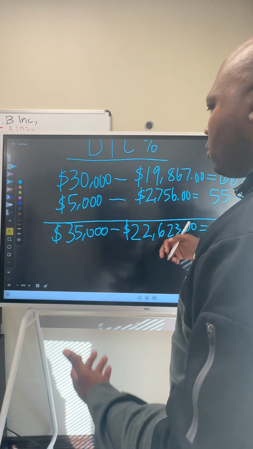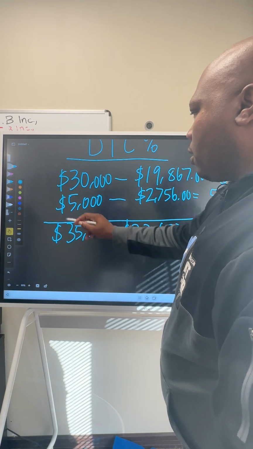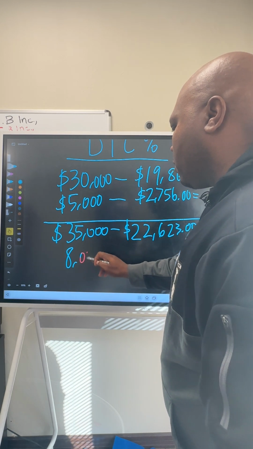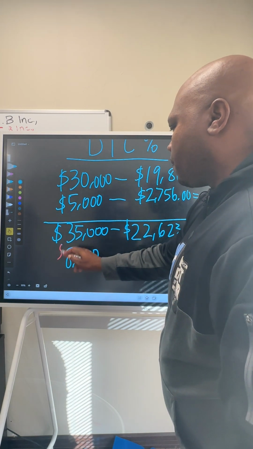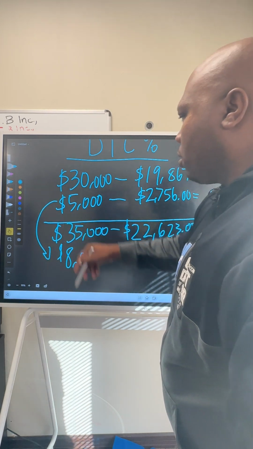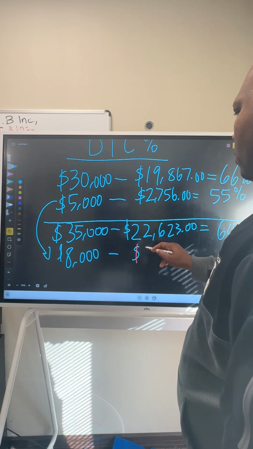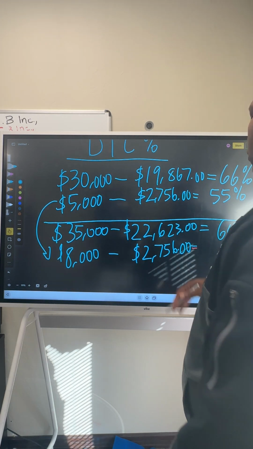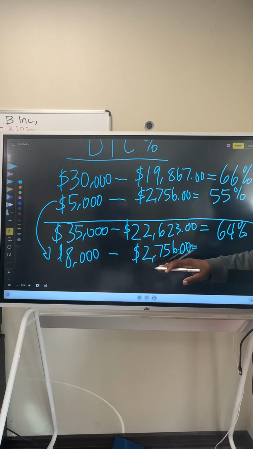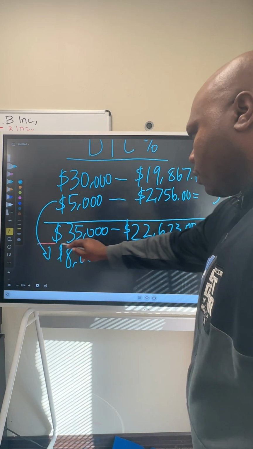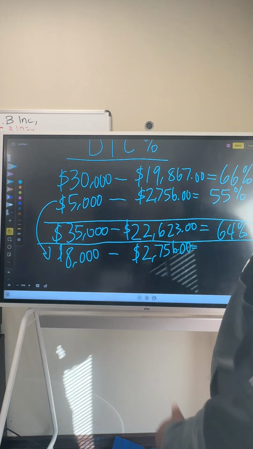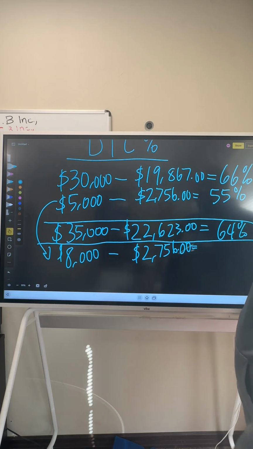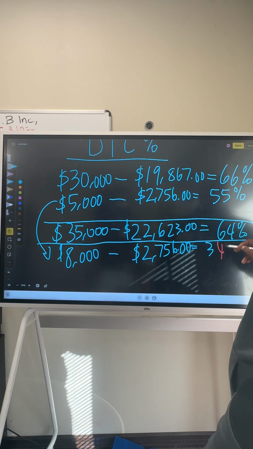So let's say for this example, we increase this limit by $3,000, so it's $8,000, and we kept the same balance. Now we take this number and divide it into that number, and now we got 34%.